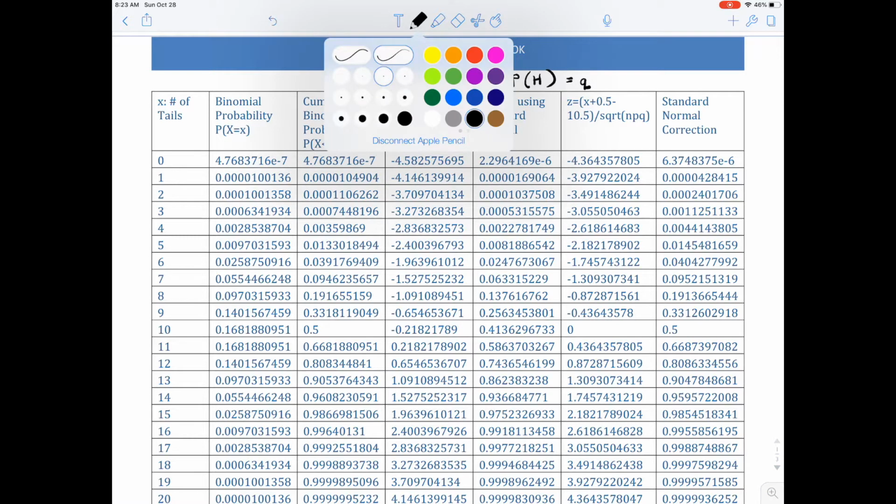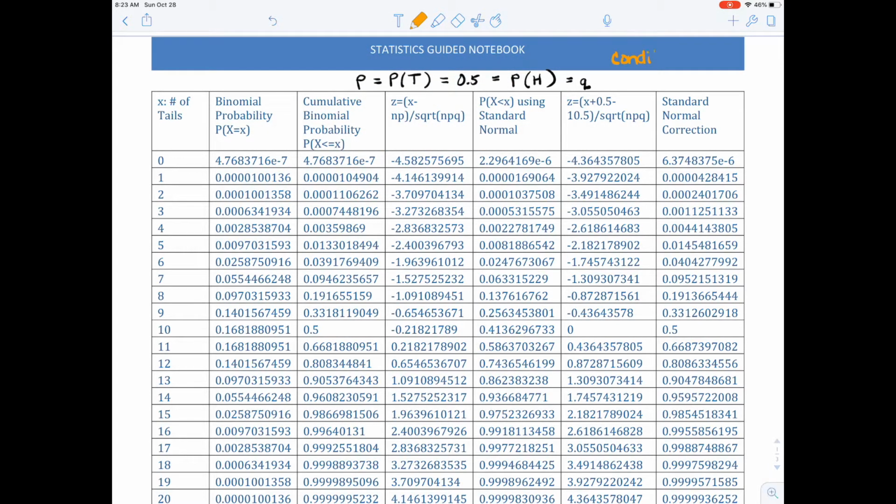All right, so let me write this out. The conditions for using the normal distribution to approximate the binomial distribution is, I'm thinking, that n times p should be greater than 10, and n times q should also be greater than 10.